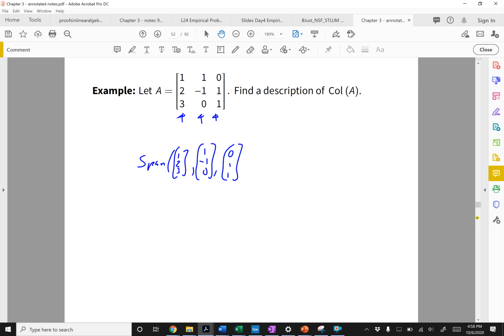We could say that, and that's true, but it hasn't been very helpful, because how many dimensions is that? Is it a line? Does it span a plane in R3? Does it span all of R3? We don't know. So we can start by row reducing.